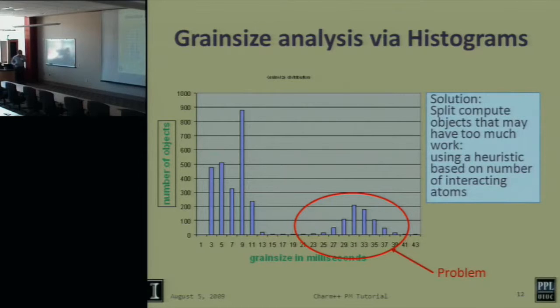And so to solve this, we want to split these compute objects so that we have more objects, and we will incur some overhead for doing this because we have split these and they now operate as individual parallel units. But by having more work units, you're able to achieve a better balance, which will allow you to get better performance.